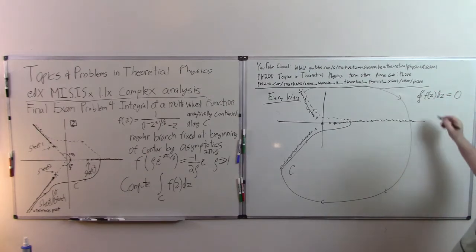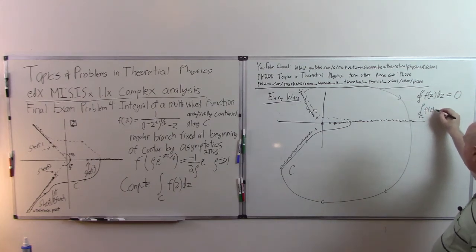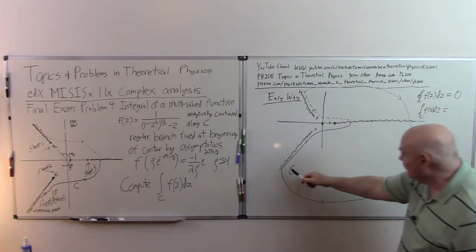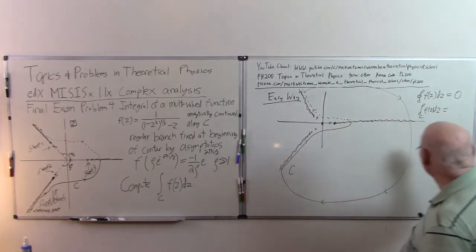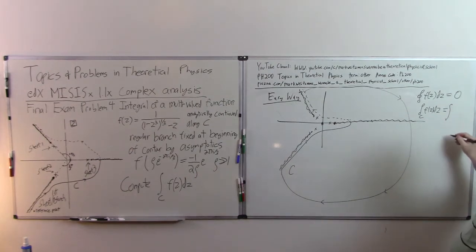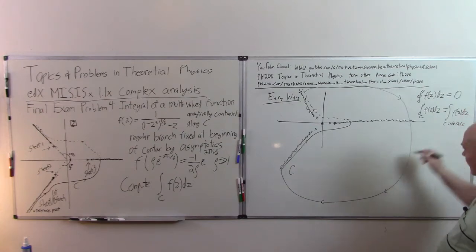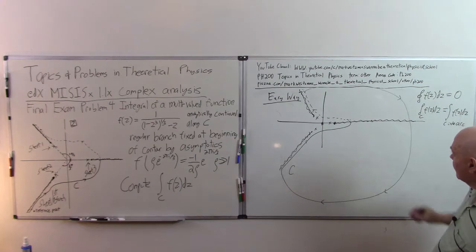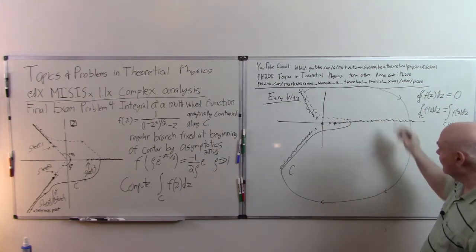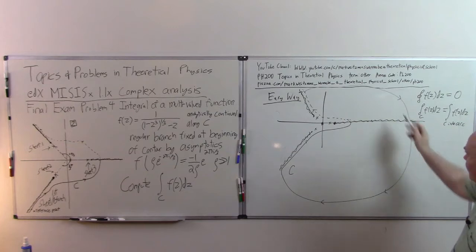So this tells us that the integral over c of f of z dz, remember c is this part, is equal to the integral, let's call it the circular arc, going in this direction, because we reversed it, this plus this equals 0. So now we need to just calculate the integral along this circular arc.